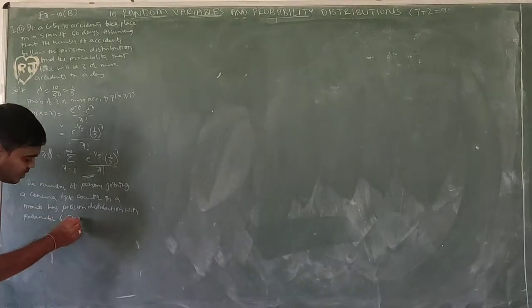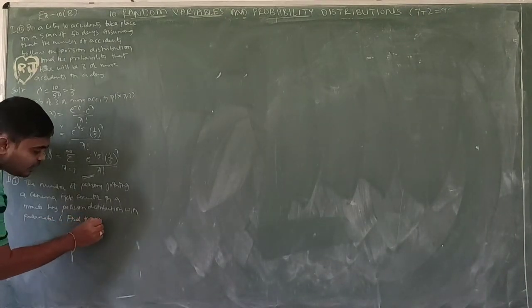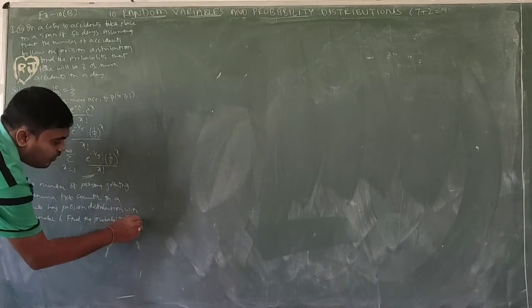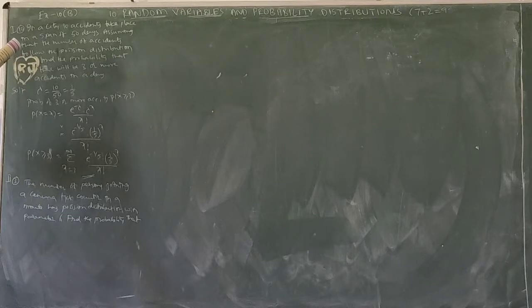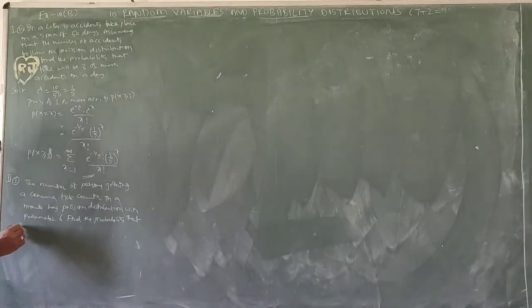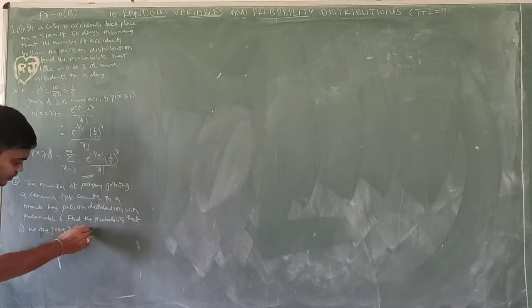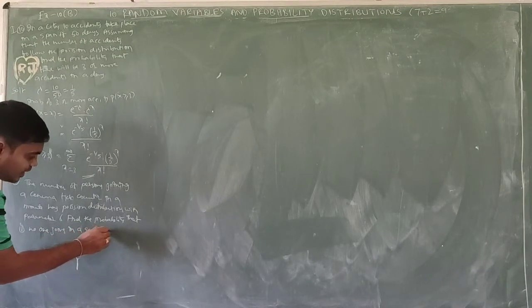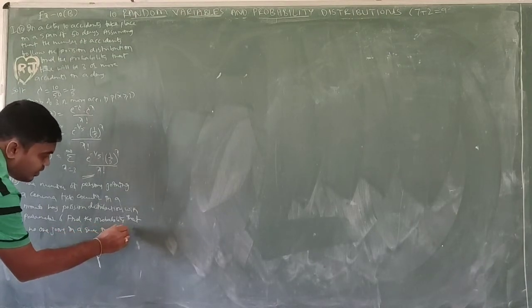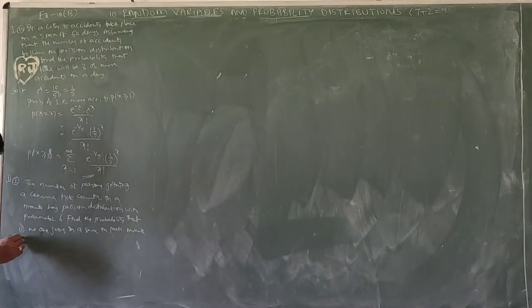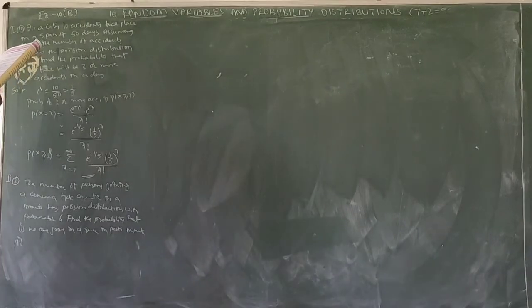Find the probability that, first one, no one joins in a queue in a particular minute.